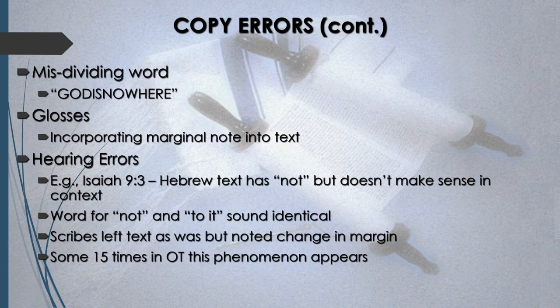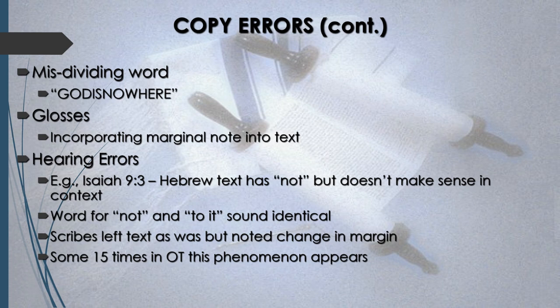It's not in the text. And in the next copy we have, that gloss has moved from the side into the actual text. And so this is when you incorporate a marginal note into the text. It is not something that is probably original, but it came from the copying process and the people who are trying to understand the text. And it makes its way into the text.